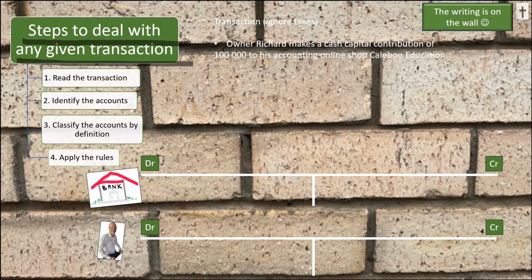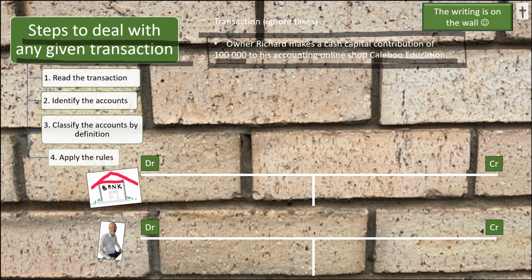The first transaction I'm looking at is the owner, Richard, makes a capital contribution of cash of 100,000 Rand to his accounting online shop, Calibu Education. So let's apply the steps. What I just did was read the transaction. Step number 2, identify the accounts involved.